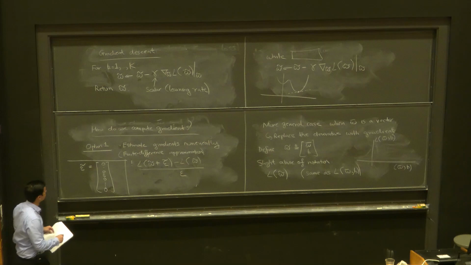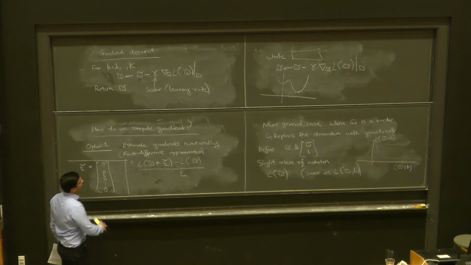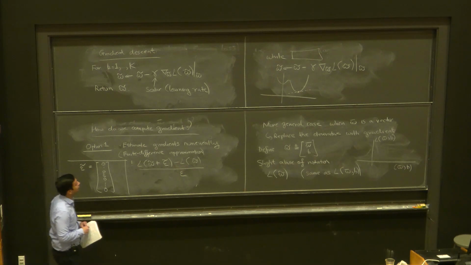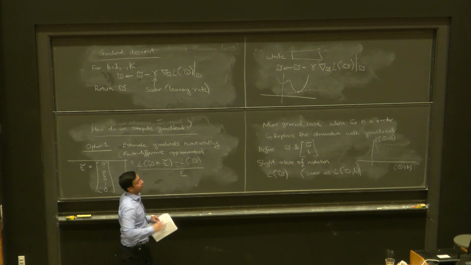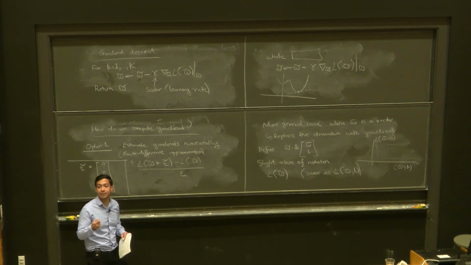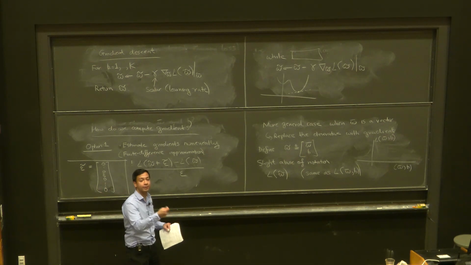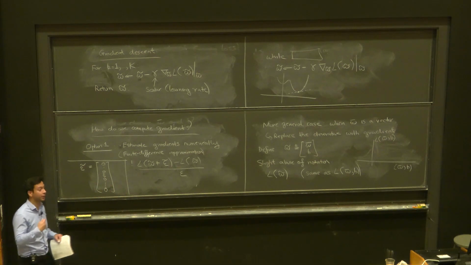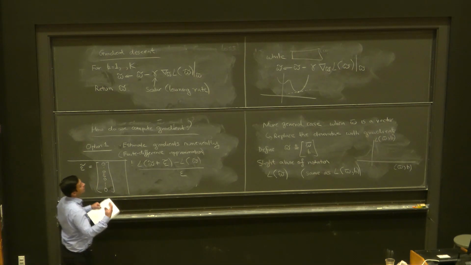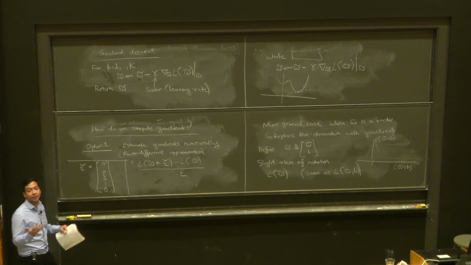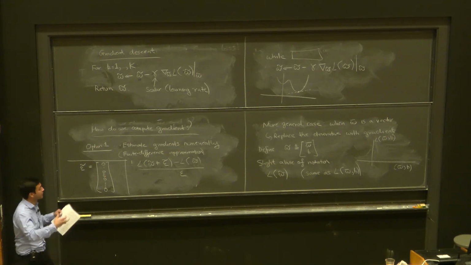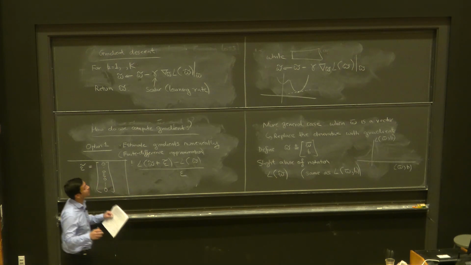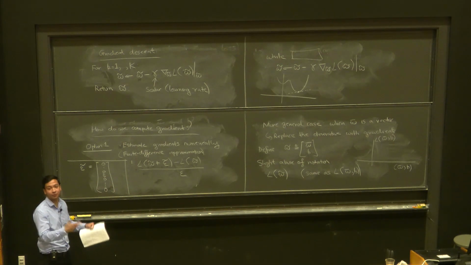All right, so this is one way to do things. This can be useful under the kind of setting I mentioned, where you don't have an explicit expression for the loss, but you just have Oracle access. So you can ask what is the loss function at this particular W, and you get some number. One example is if you're doing some kind of optimization with a human in the loop. You could ask the human, hey, how do you like this setting of things?